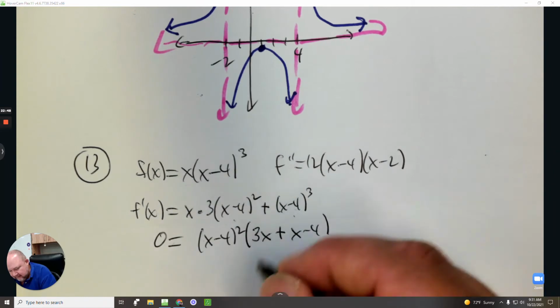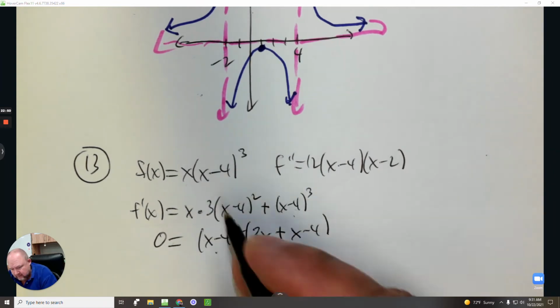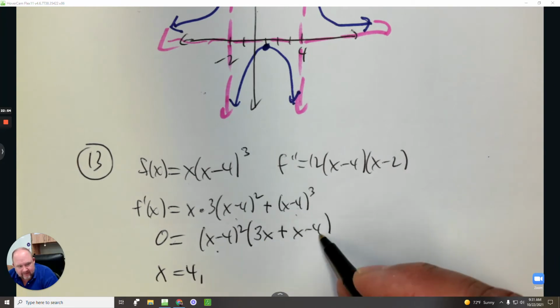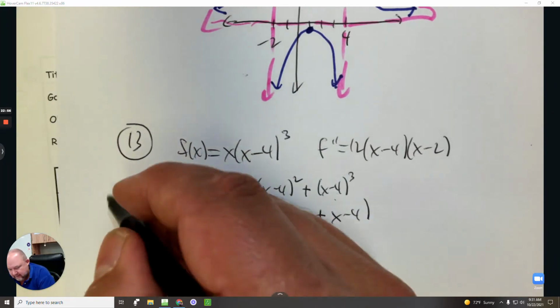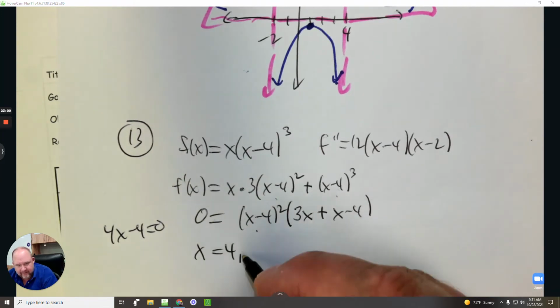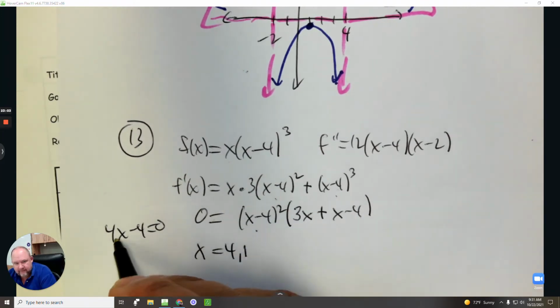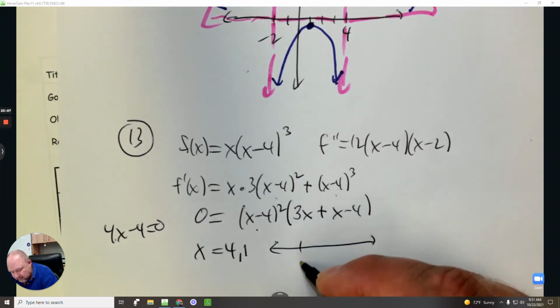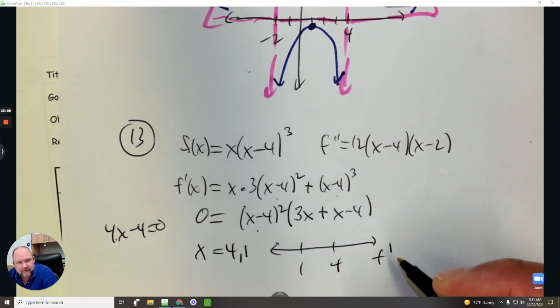Then you take each one and make it equal to 0. So for here, one answer is clearly positive 4. If I take this equal to 0, just on the side here, that's 4x minus 4 equal to 0. Then the other answer is positive 1. That makes it 0. Those are our critical numbers. So we're going to put down 1 and 4. This is the derivative line.